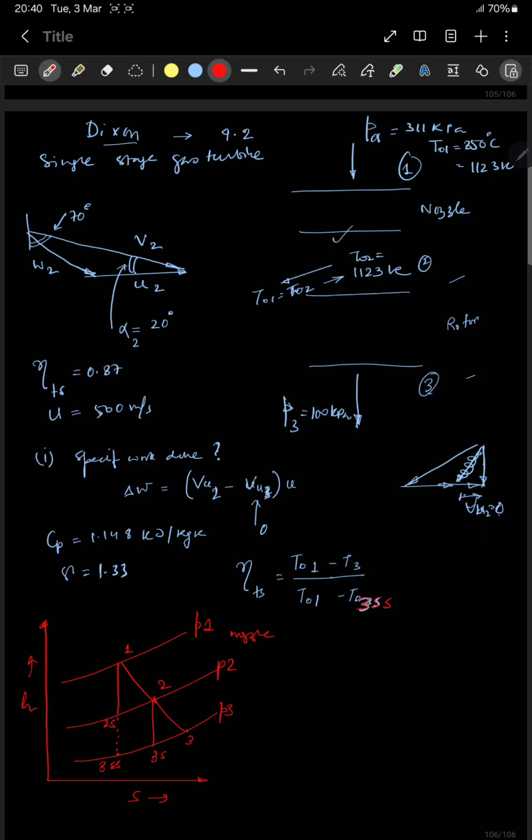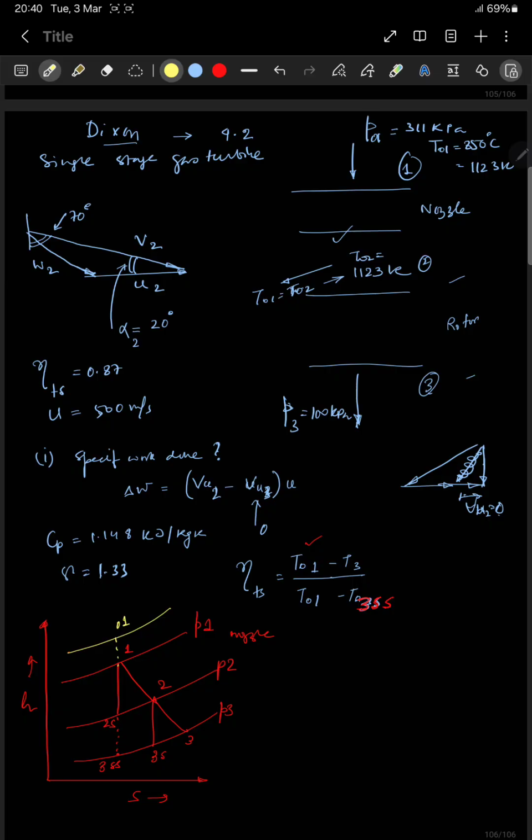Now we know T01. We have to find out, we can find out this 3 double S because this is isentropic process, and if we find 0, 1 also, this entire thing will be a isentropic process.